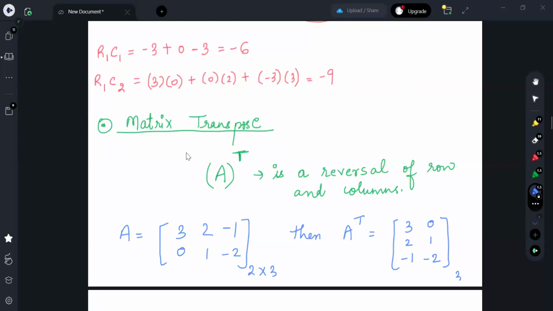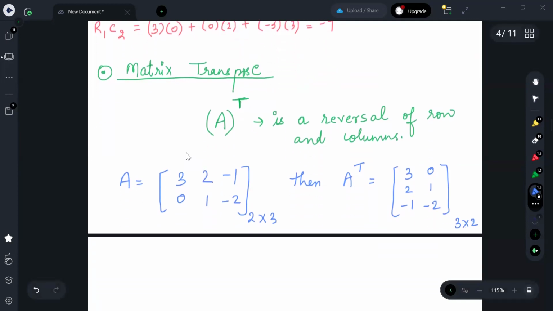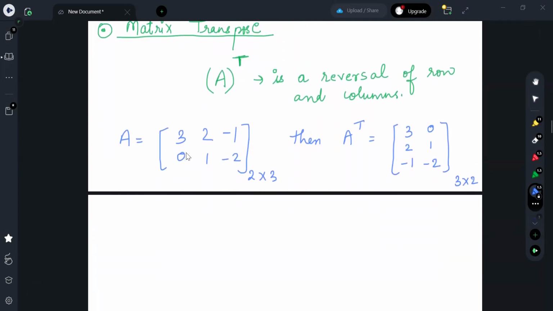And you can see that the order also flips, right? So the rows become the columns and the columns become the rows, and vice versa. Order also changes.